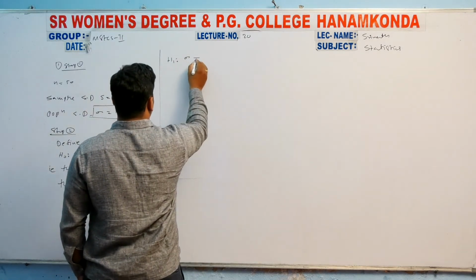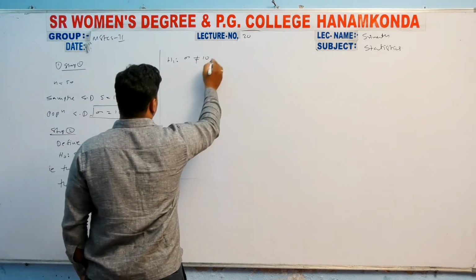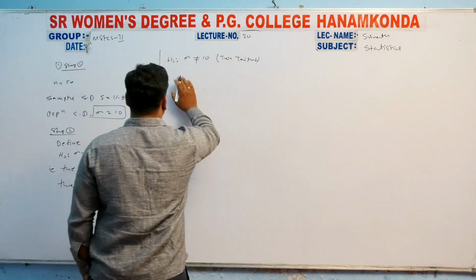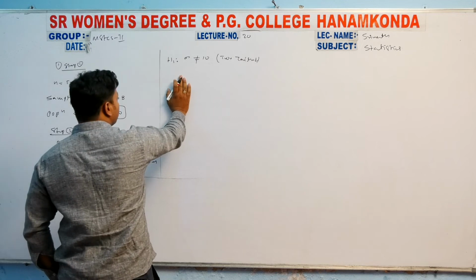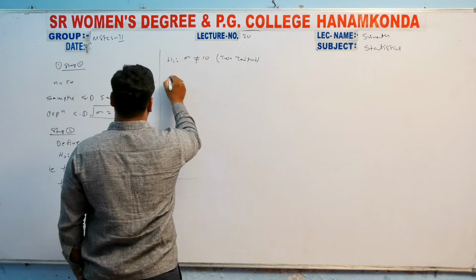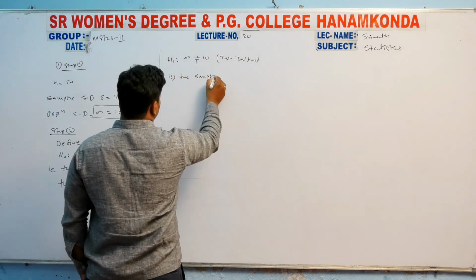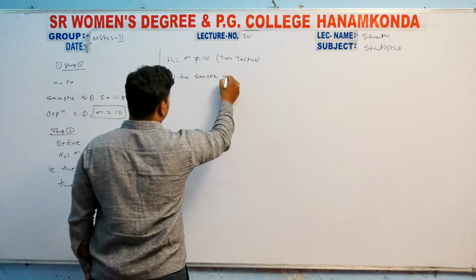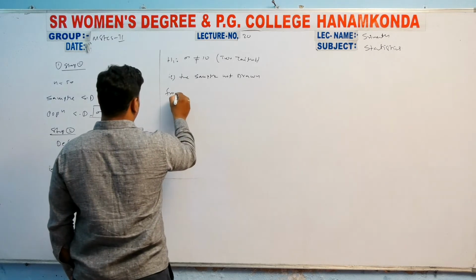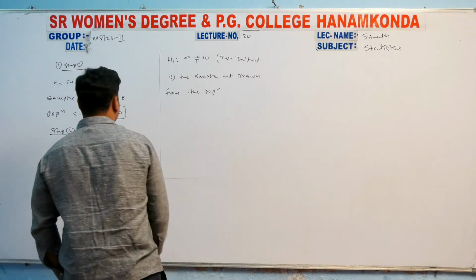H1: sigma not equal to 10, that is, the sample is not drawn from the population.